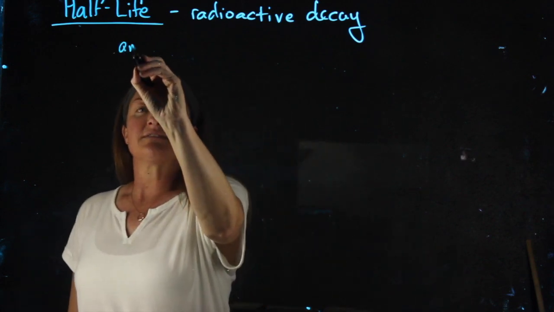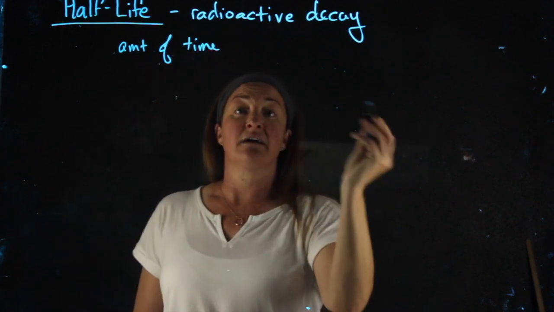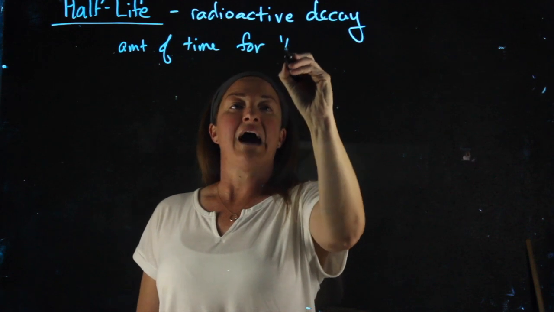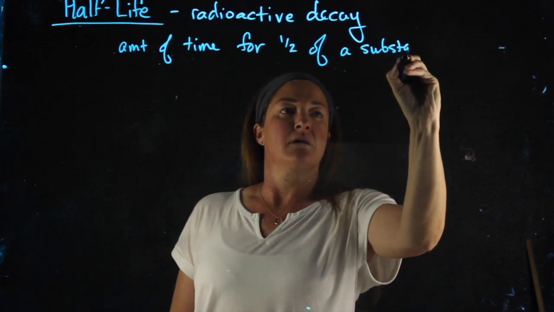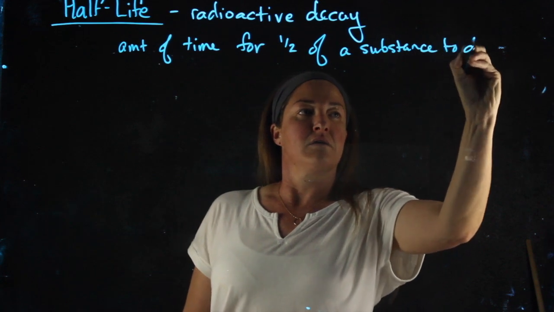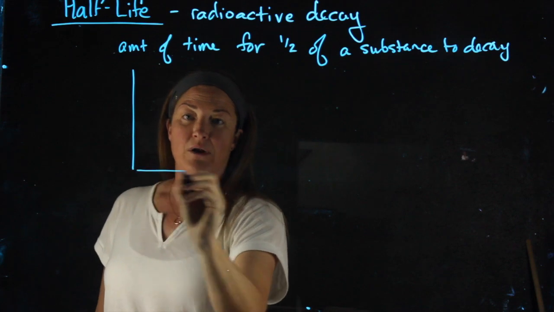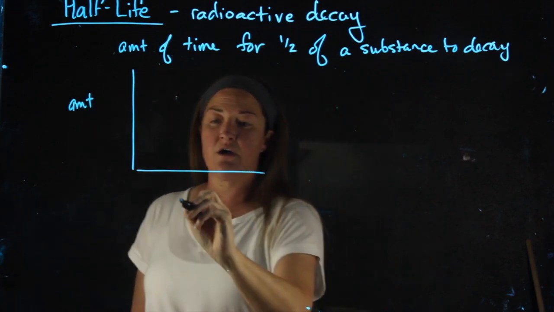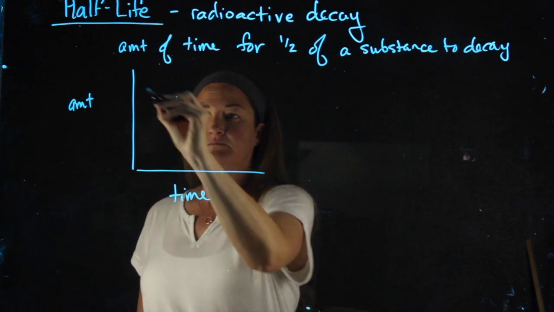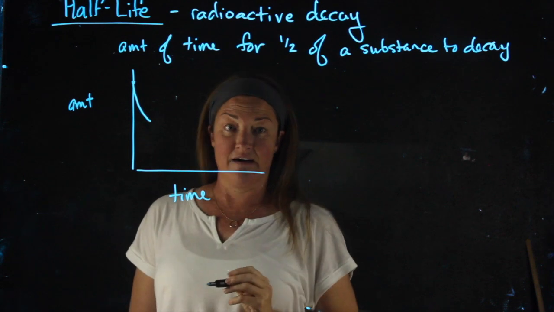So half-life is defined as the amount of time it takes for 1/2 of a substance to decay. If I were to look at a graph of the amount I have, and the amount can be measured in a variety of units, over the course of time, we would find that as it decays, the amount cuts in half.